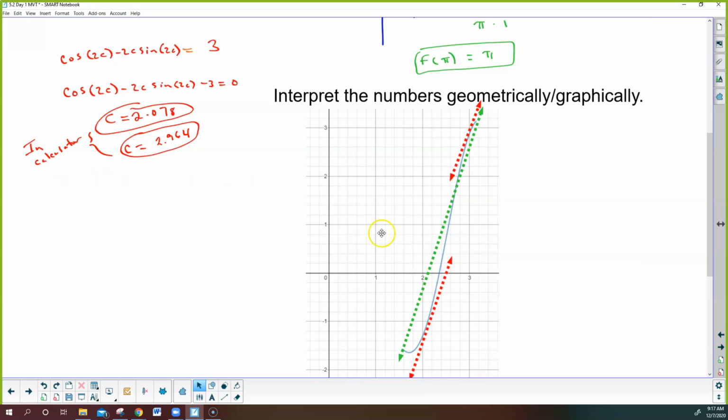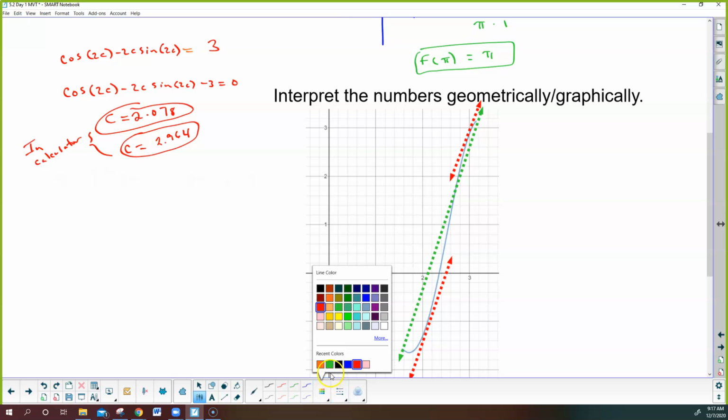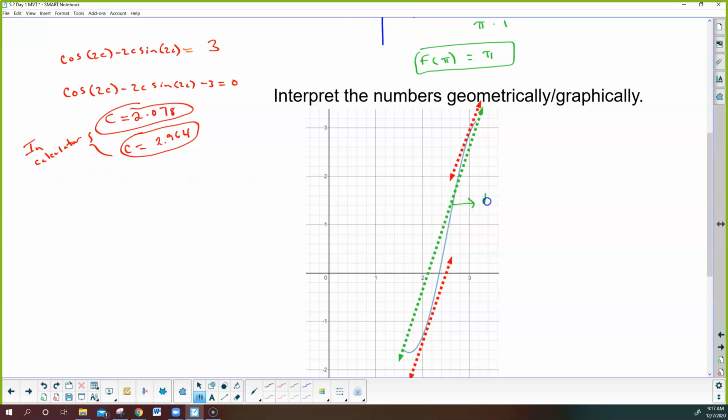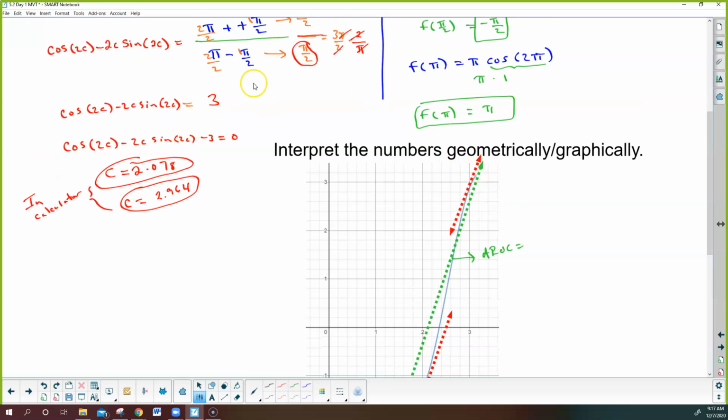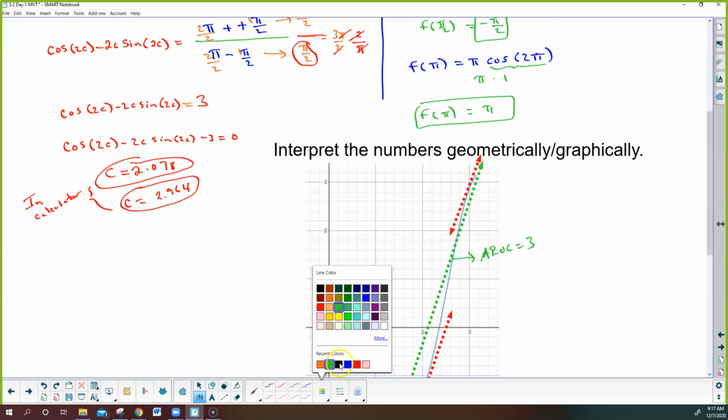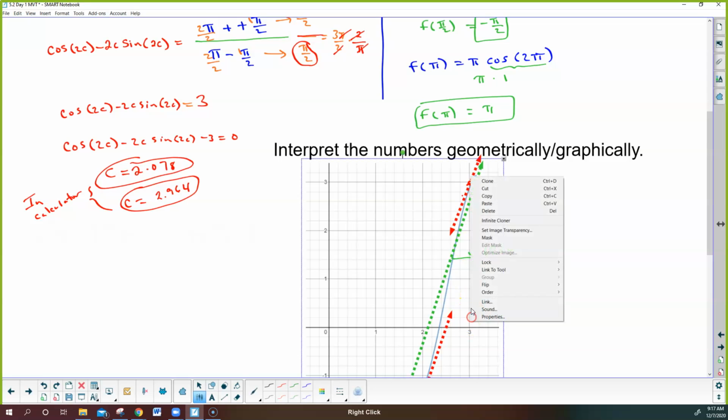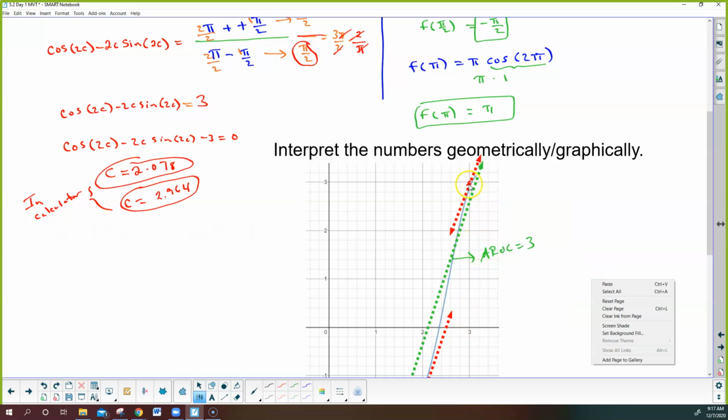All right. So if we look at this, the green line is the average rate of change. And we know that the average rate of change was equal to 3. That's what it all simplified out to be. And then I know that the red line right at this point, now notice it's almost at 3. It's just a little bit below 3, which is 2.964.